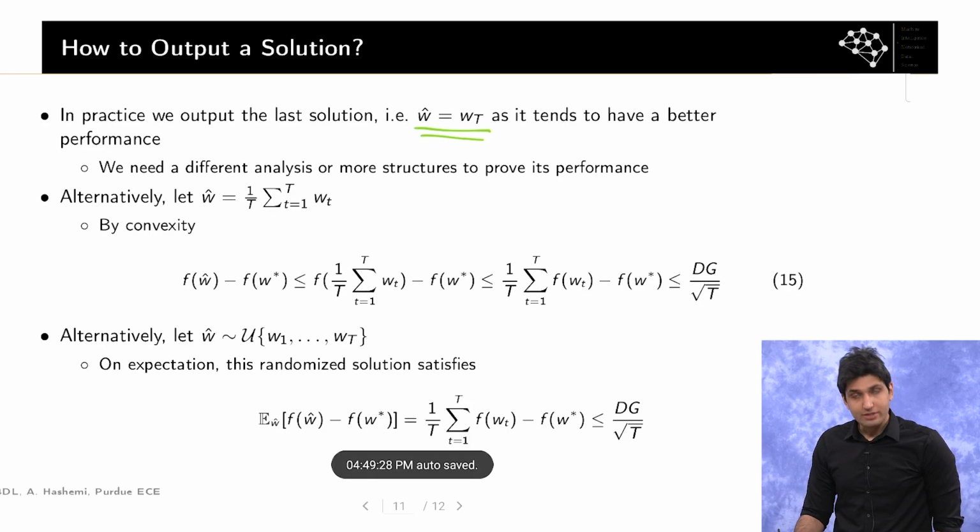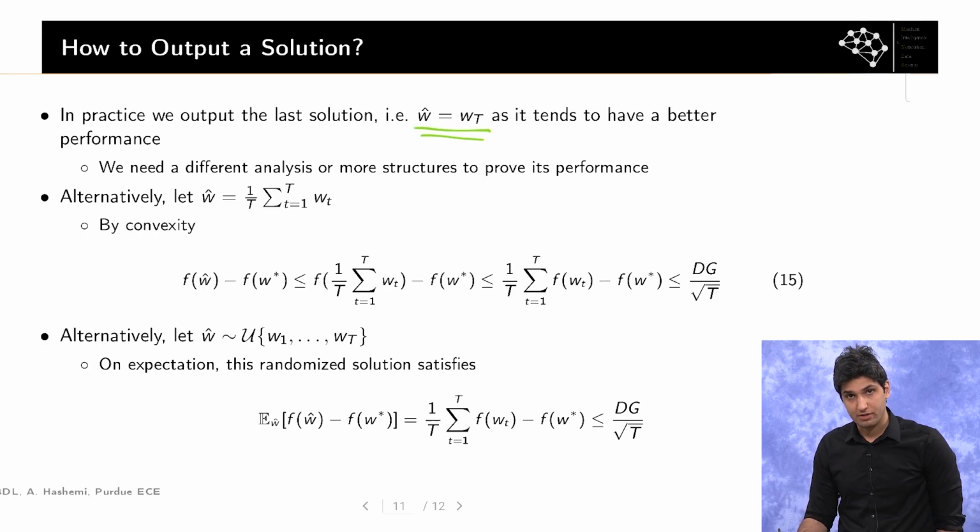One drawback of the analysis we presented in this course for gradient descent is that we cannot guarantee whether the last solution is going to enjoy the best performance or not. So for that, we need a different analysis, a more complicated one, if you will, and that is beyond the scope of this course.